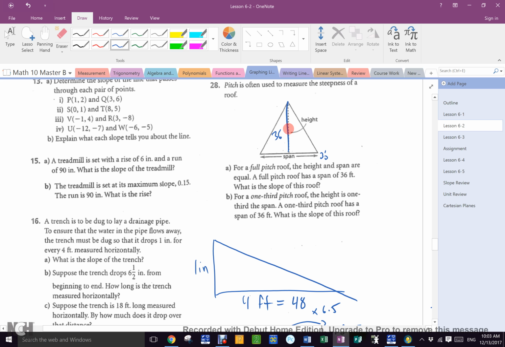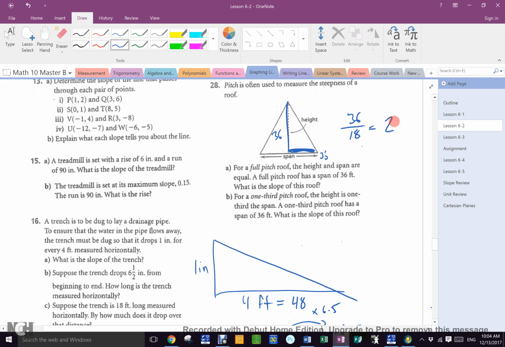What's the slope? Slope is rise over run, right? So the rise is 36, but what's the run? We're doing A first because you can't do B until you get A. What's the run? 18, right? So 36 over 18 is what? 2. So a full pitch roof has a slope of 2.